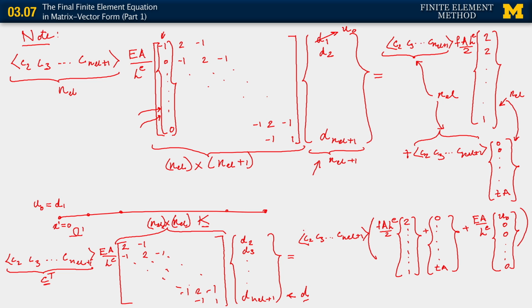Here again we have our C vector, and now I'm going to look at all of these contributions together and call them my F vector. I just recognize that this C vector again is a C transpose, again using this idea of row and column vectors.